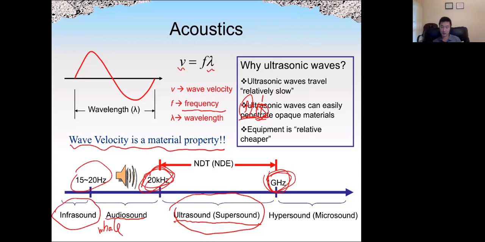And also the ultrasound wave can easily penetrate opaque materials. Okay. This depends on the wavelength of the ultrasound, which we'll discuss in a moment. And also the equipment to generate ultrasound is not very expensive. Okay, so that's the reason people normally use ultrasound to check concrete materials.